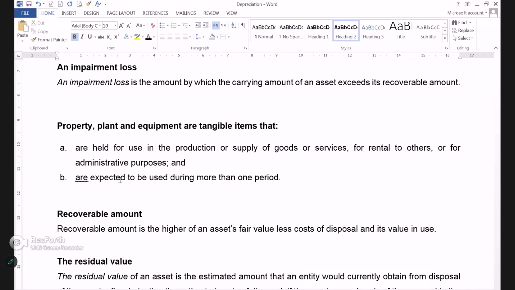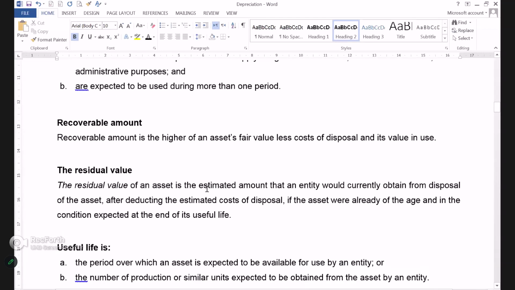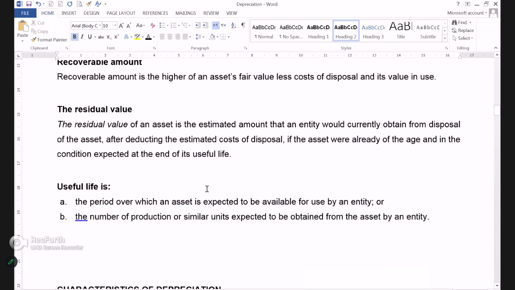So we have to consider only the depreciation calculation in a different way. In depreciation, I think you will get more than 10 marks or 12 marks in your final examination. So you can identify and understand these things easily, and also you have to consider for your examination the residual value.